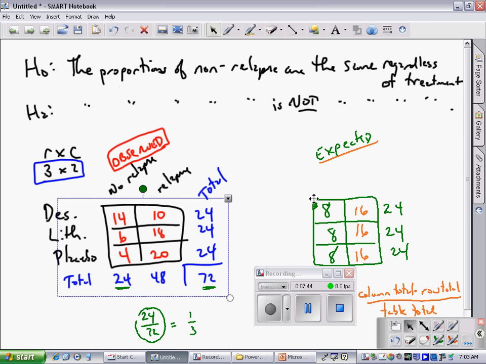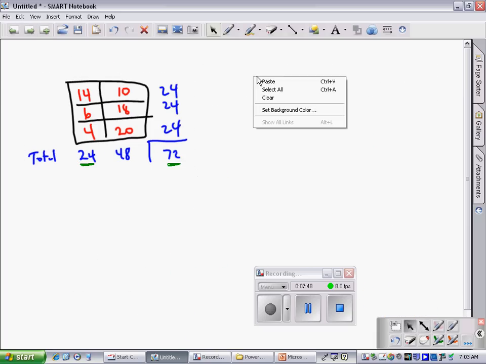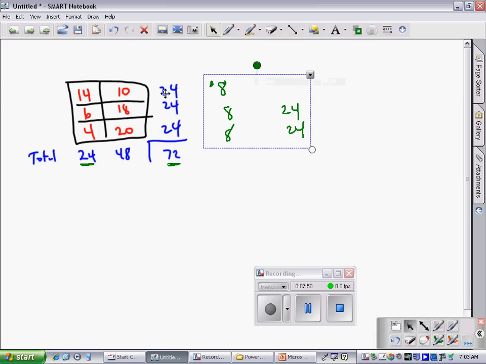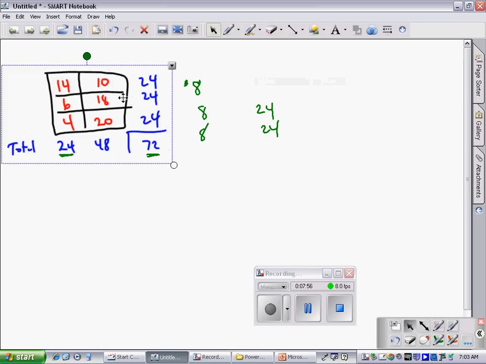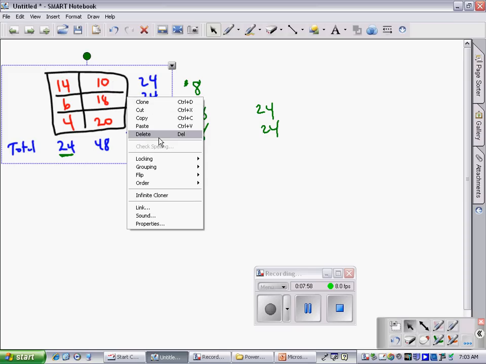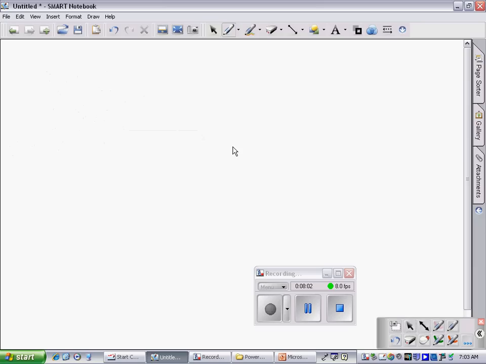Yes, I can. Oh, that didn't work quite so well. All right, let's ditch this idea. I'll come back and rewrite them. So I gave you a little break. All right, here's my observed values.